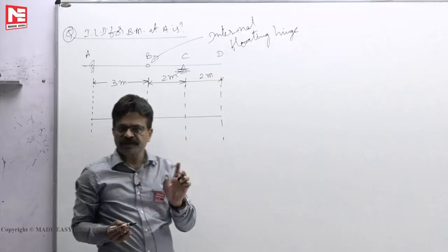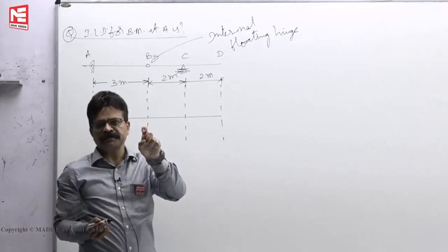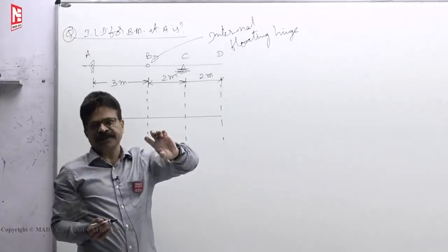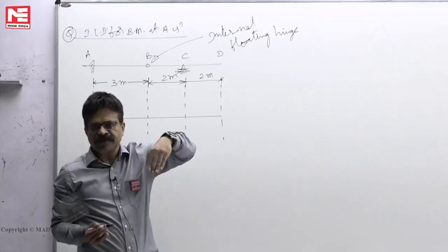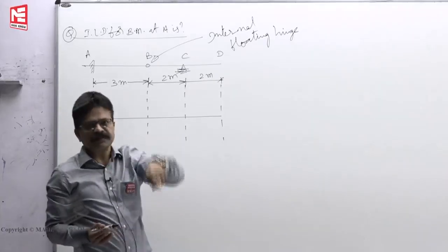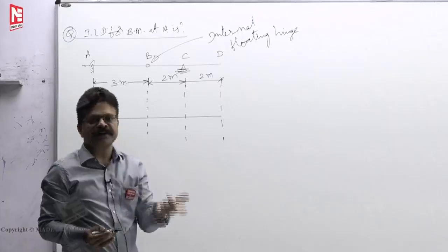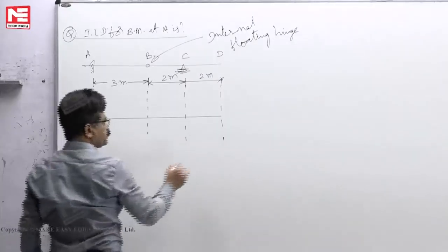Reaction we should not touch, only moment I have to release. In the process, the reaction is holding the beam. So you should not lift it. Keep it there only and apply unit rotation. You apply unit rotation such that the beam goes downward. Why should it go downward? Downward loads will give downward moment only. Downward load should give negative bending moment only. So this is the process.